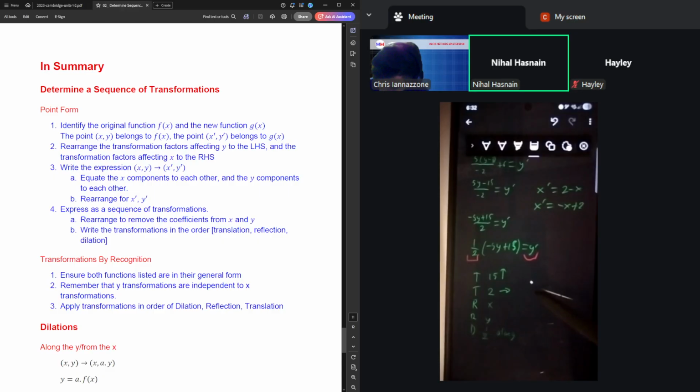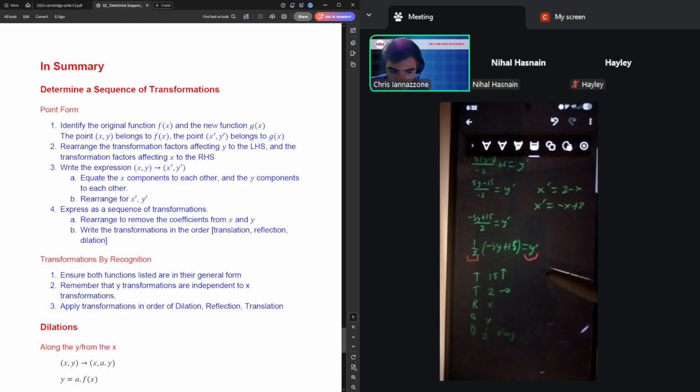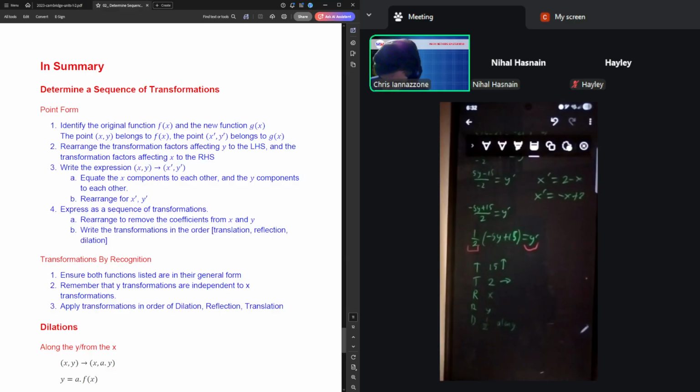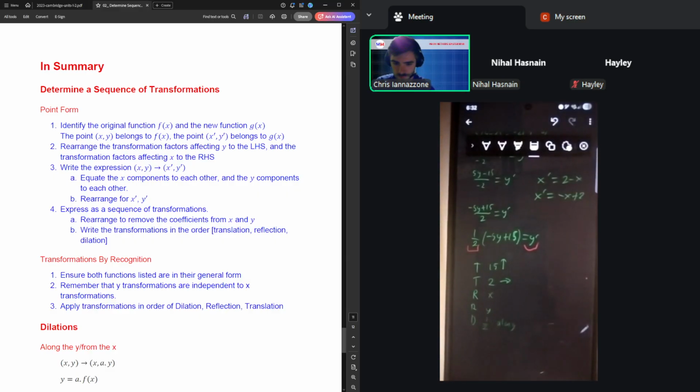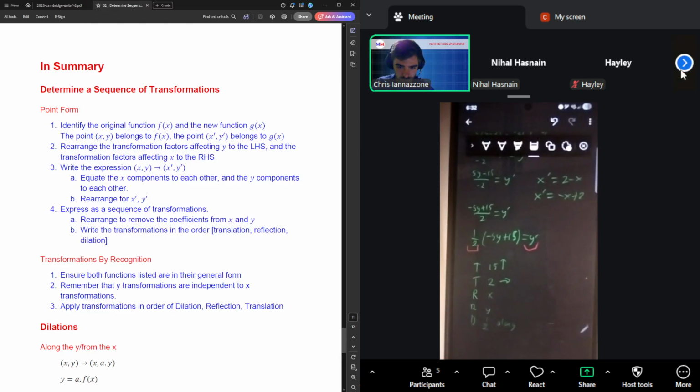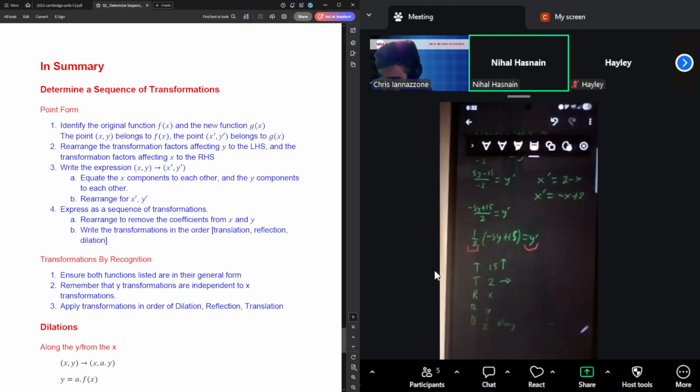Could you give me a second? Take your time. So the dilate factor of a half is in your y dash equation. From the x-axis? From x, yeah.